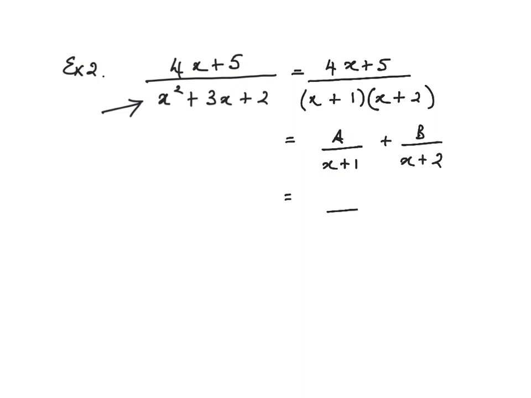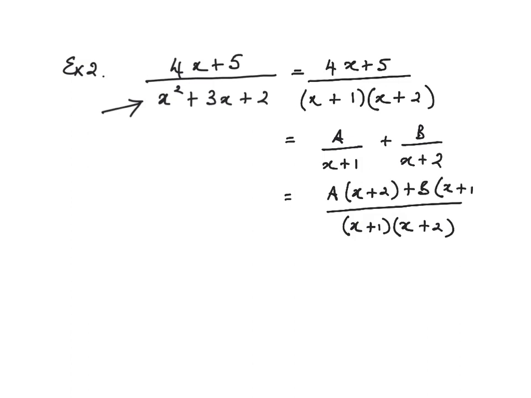If we combine both of these terms over a common denominator, we're going to get a lots of x plus 2 plus b lots of x plus 1. Comparing the numerators, we have 4x plus 5 equals a lots of x plus 2 plus b lots of x plus 1.